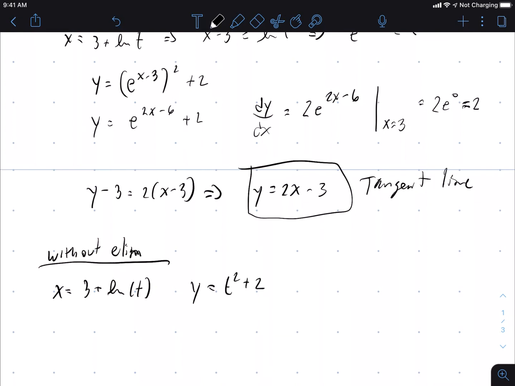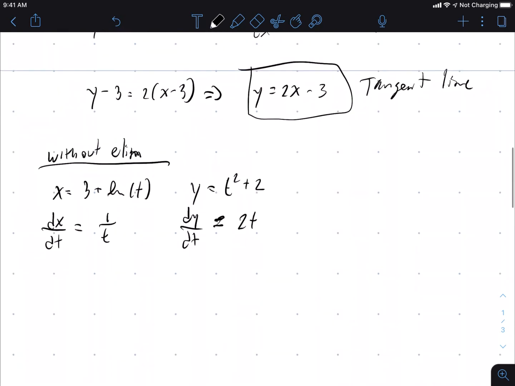Yeah. And so we can get the derivative of each, right? So what's dx dt? Just 1 over t. Cool, 1 over t. What is dy dt? 2t.